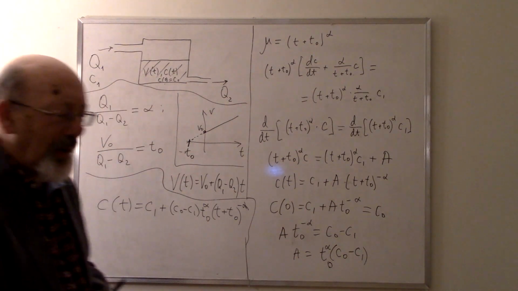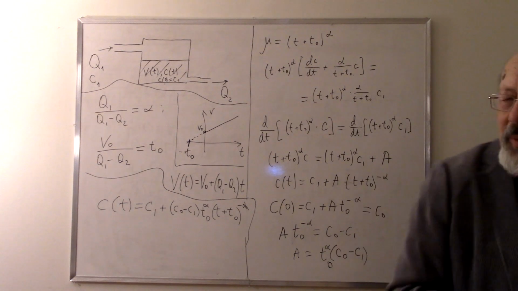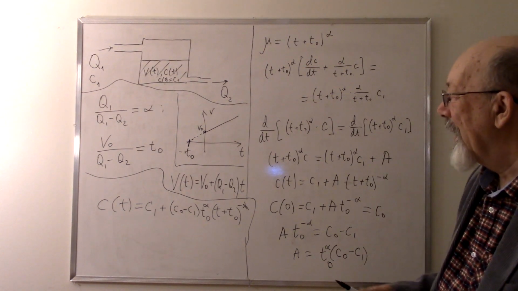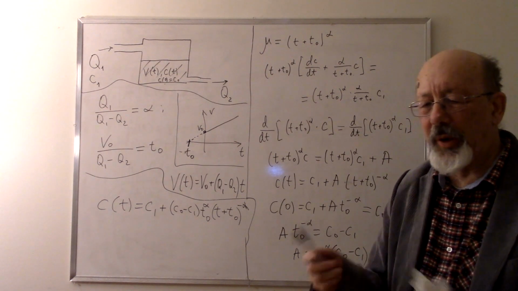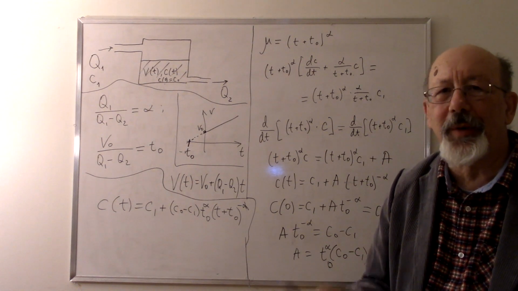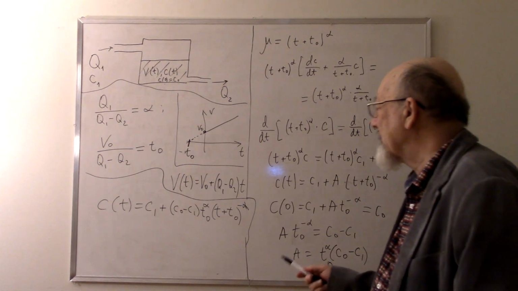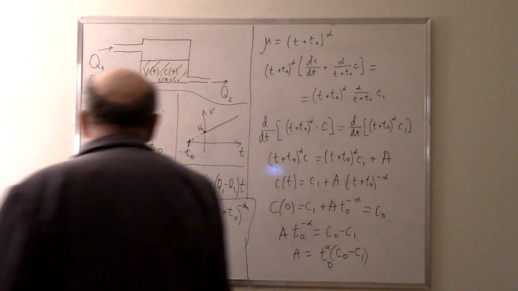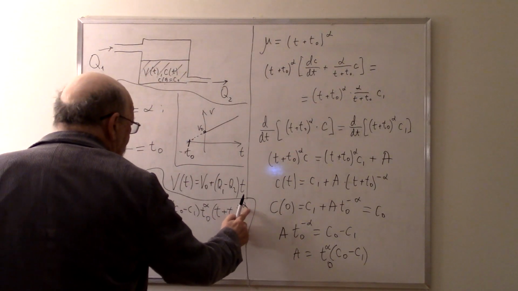Oh, and here we assume that alpha was positive. In fact, here we have two cases, positive alpha and negative. So now we solved for positive alpha. Now, it is the answer.